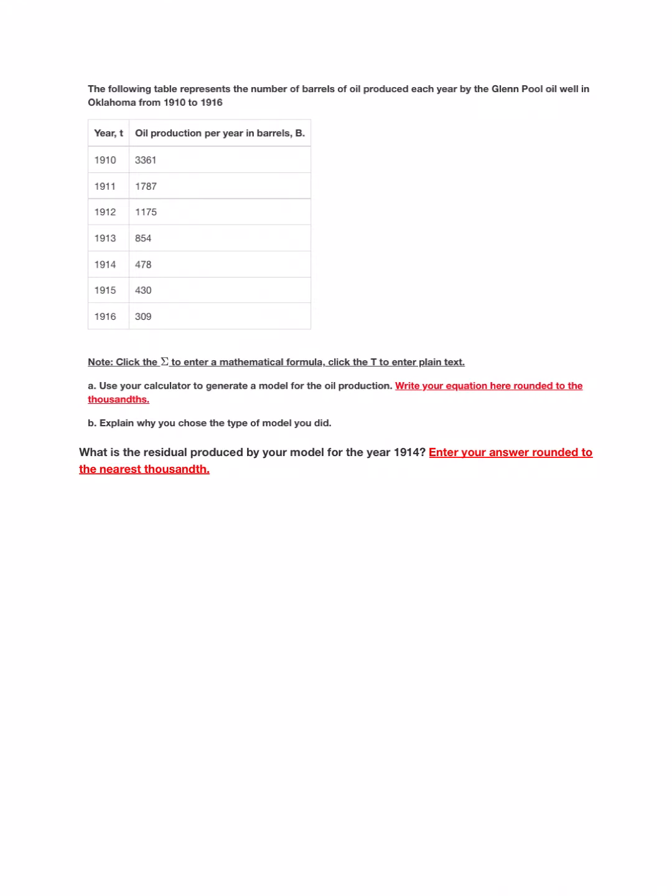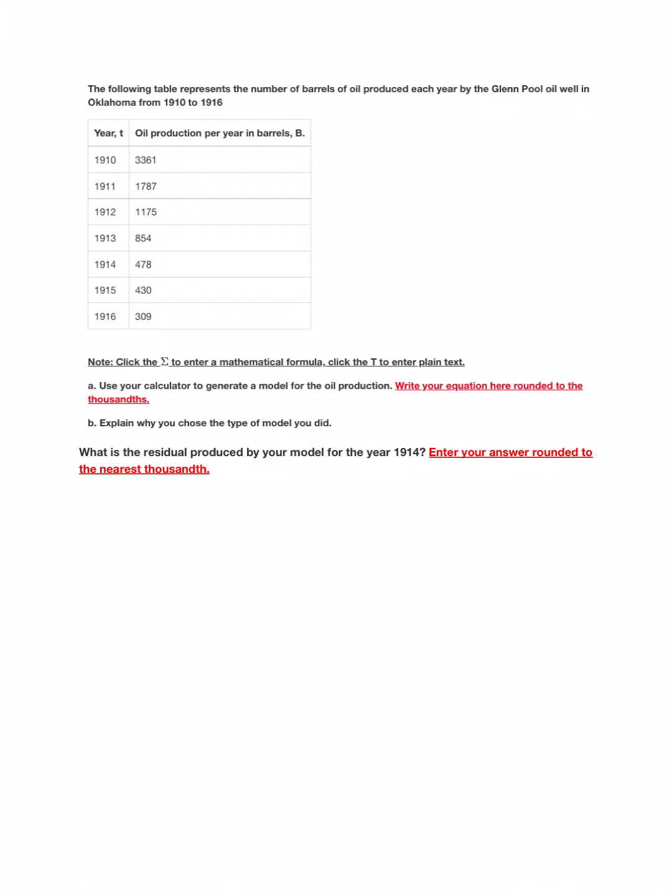So we need to explain why we chose our model, both in terms of how well we fit the scatter plot and whether or not that type of function makes sense in the long run for the context here. And it's okay to say, hey, in the long run, the parabola doesn't make sense, but for these points, yeah, it makes sense.